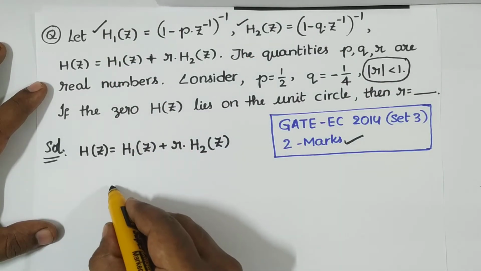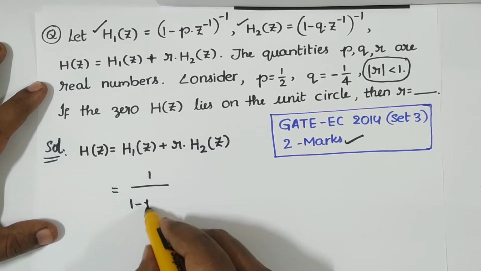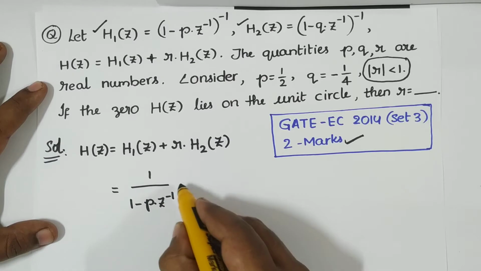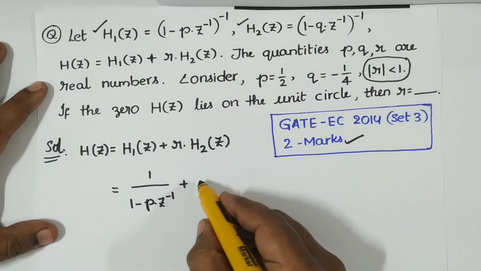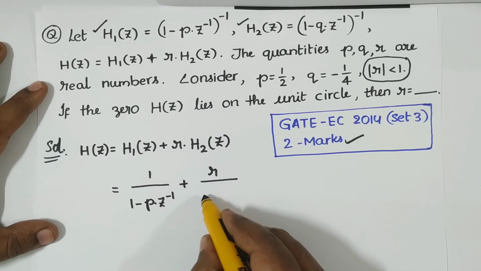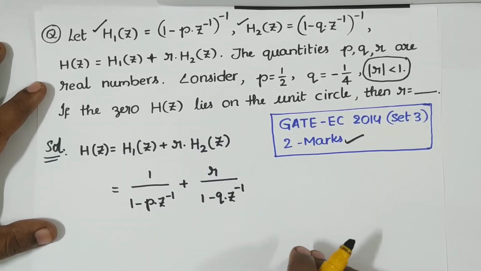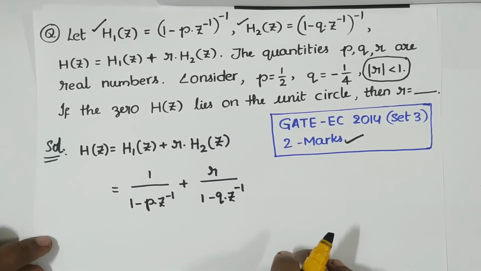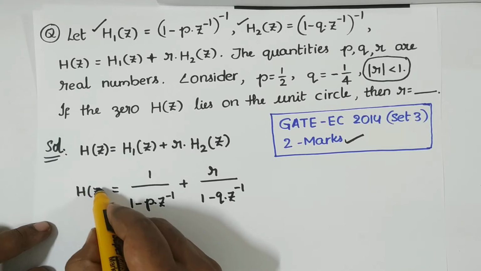So H1 of z is 1 over 1 minus p z power minus 1, plus r multiplied by H2 of z, so it is r over 1 minus q z power minus 1. Is that okay? Now this is what H of z is.